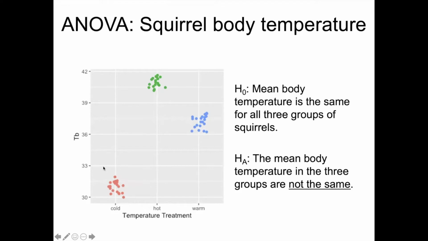And so here you can see in this graph that ground squirrels experiencing cold temperatures had lower body temperatures than those experiencing warm or hot temperatures.